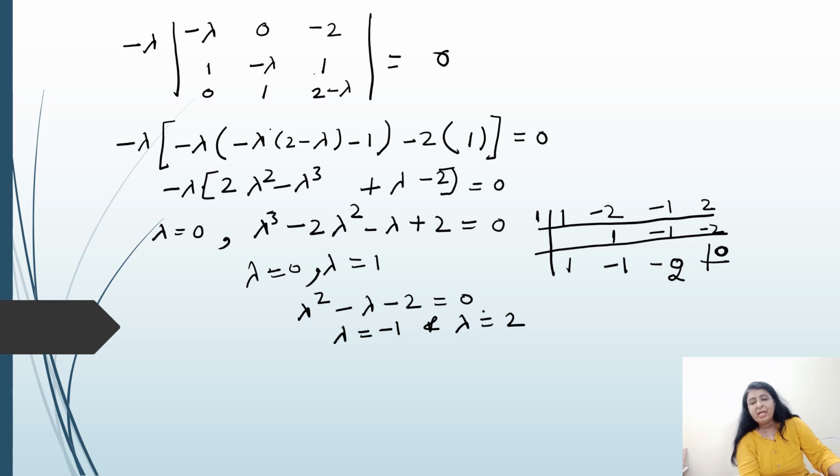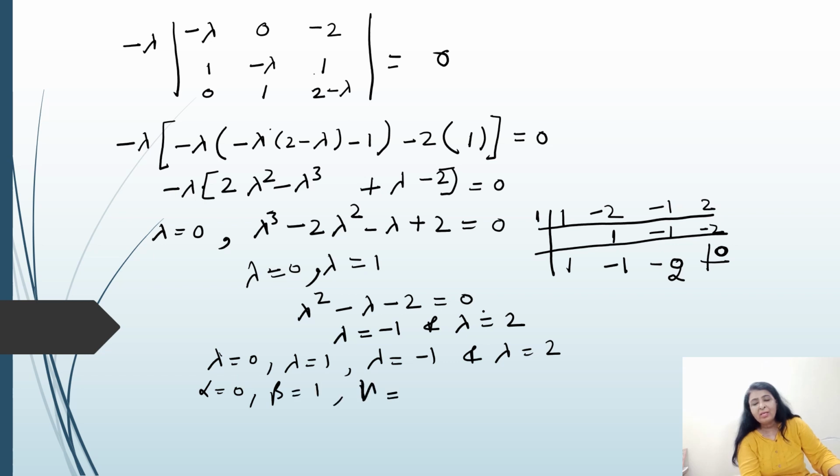So we are getting 4 roots: lambda is equal to 0, 1, minus 1 and 2. So our alpha is 0, beta is 1, gamma is minus 1 and delta is 2.